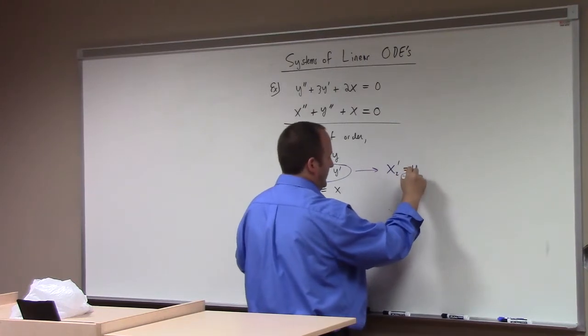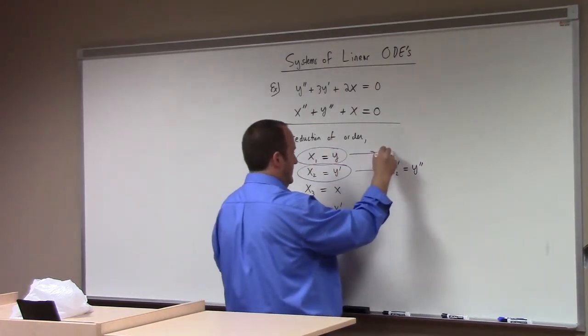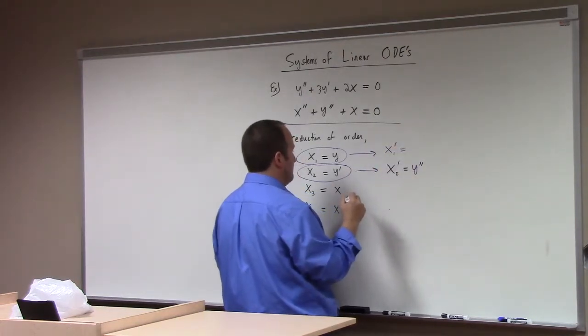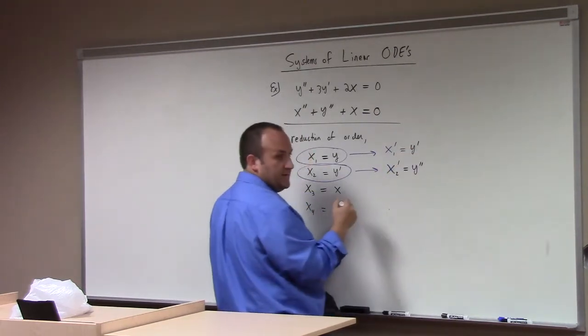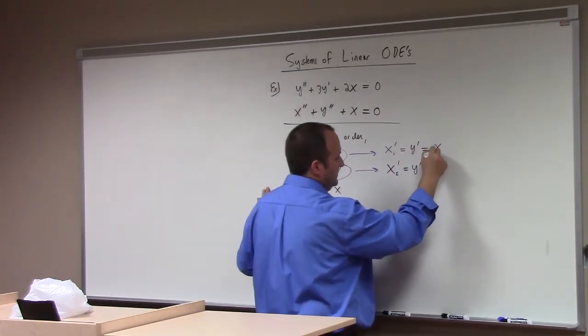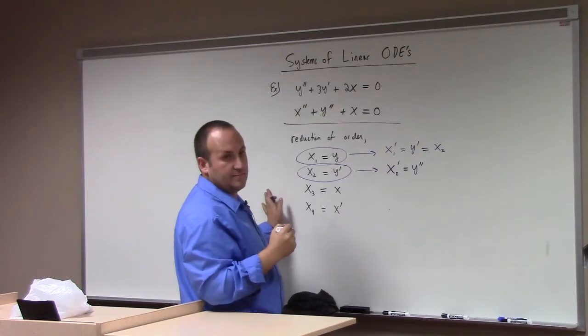Y prime prime, right? And this one, what's this one say? This one says x1 prime is what? It's y prime, right? What's y prime? x2, right? So x1 prime is equal to x2. How about y prime prime? What's y prime prime equal to?